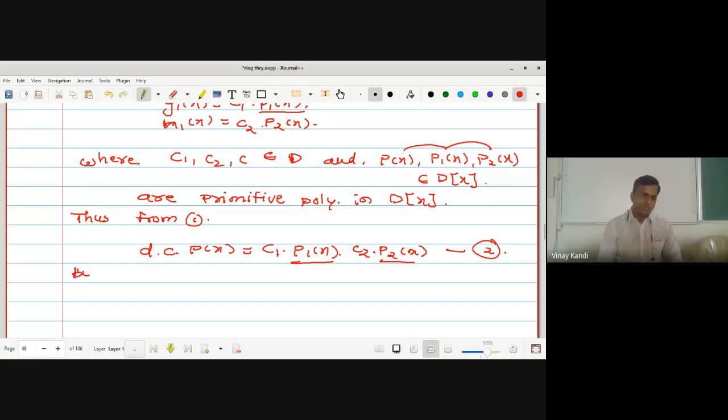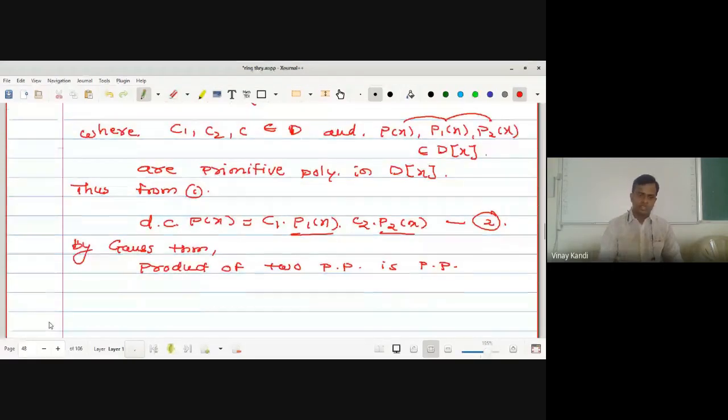So by Gauss theorem, what does Gauss theorem say? The product of two primitive polynomials is again a primitive polynomial. So hence, d into c into p of x is equal to c1 into c2 into p1 of x into p2 of x.